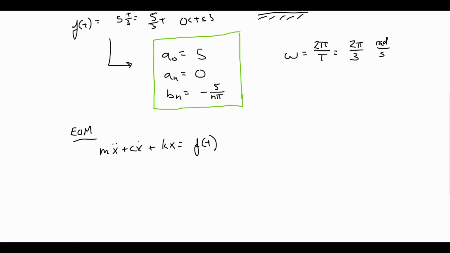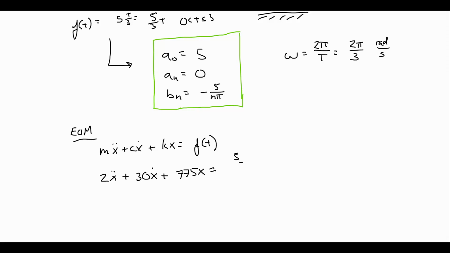So again, our m is 2, x double dot plus 30 x dot plus 775 x equals, and here I will put the Fourier series expanded version of f of t.